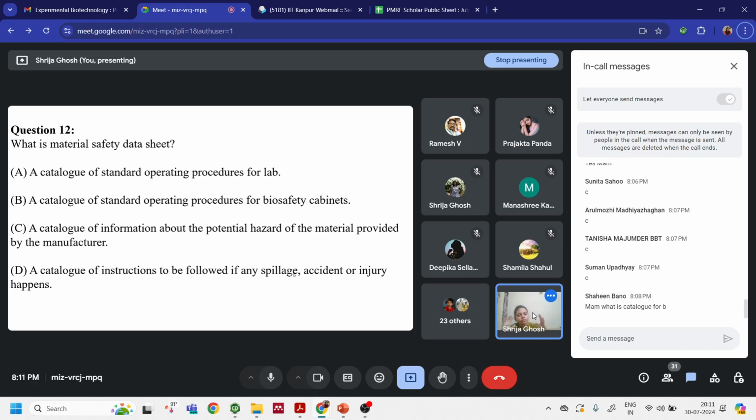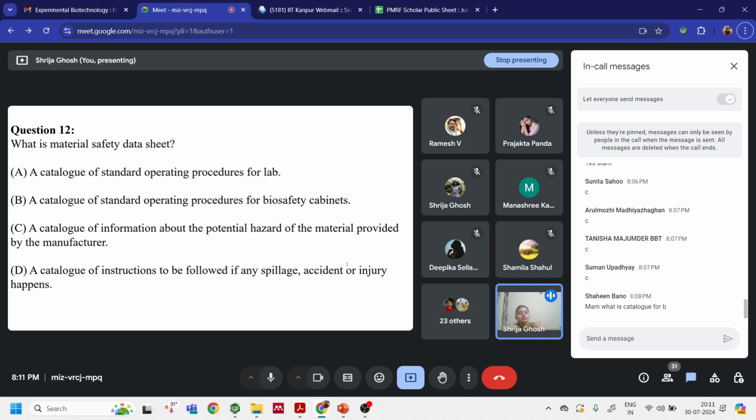For every equipment and every instrument in a lab, you will have an operating procedure that tells you exactly how to use it, like open the lid of the hood, sterilize the hood with 70% IPA, each and every step.